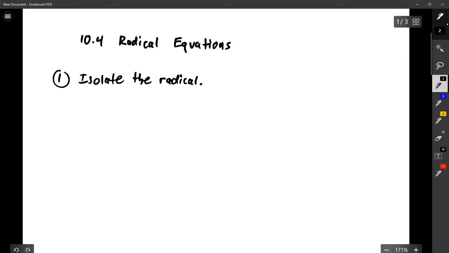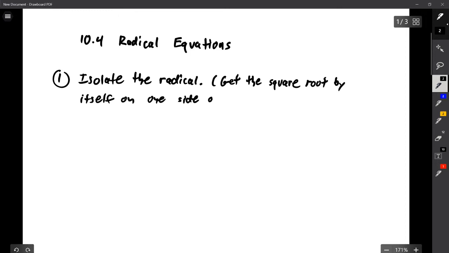Another way of putting that is, get the square root by itself on one side of the equation.